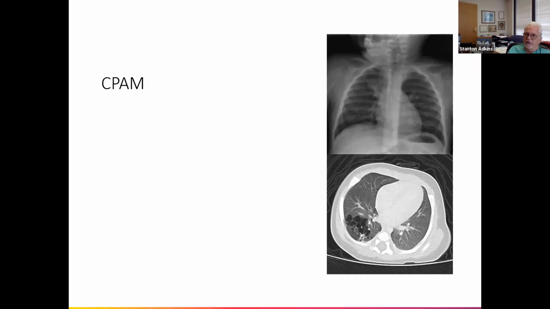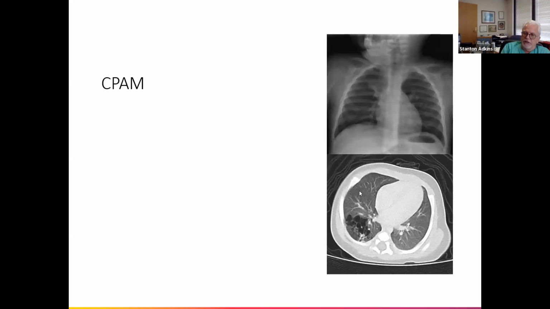These typically can be big enough to cause problems, but the vast majority of the ones that we're picking up now, because ultrasound is so good, are subclinical and probably would never have caused problems in the kids perinatally, even in the past. So we've got this.